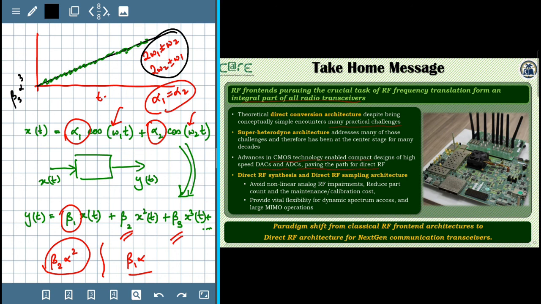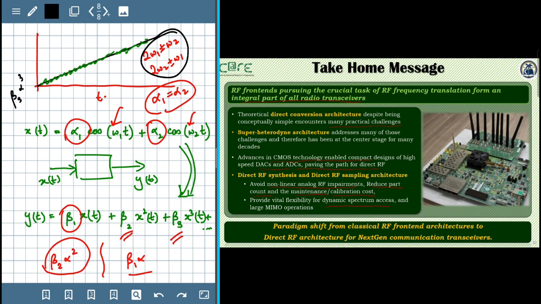These avoid the nonlinear analog RF impairments. They reduce the part count, the maintenance cost, and the calibration cost, and provide vital flexibility for dynamic spectrum access, which means that you can access whatever region of spectrum you like without needing to retune or recalibrate the analog components that have been installed in the RF frontend.